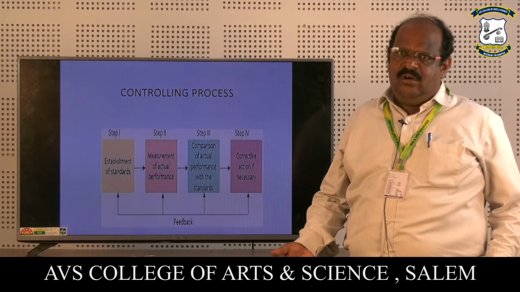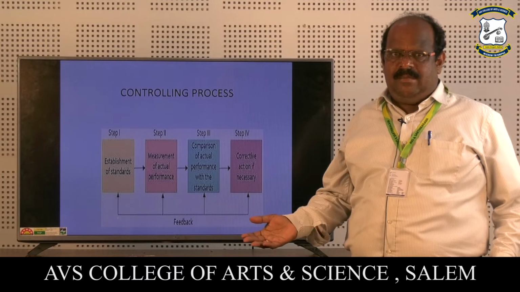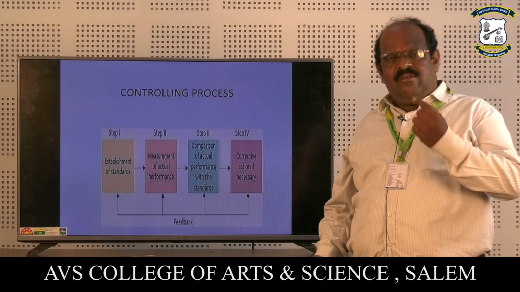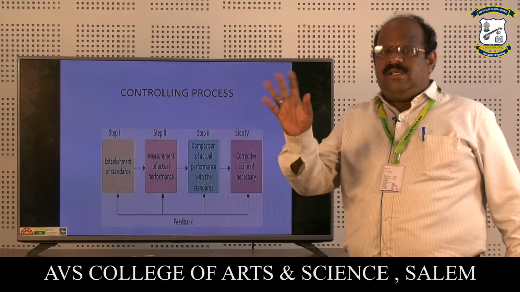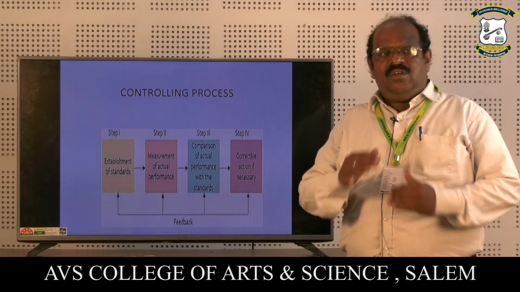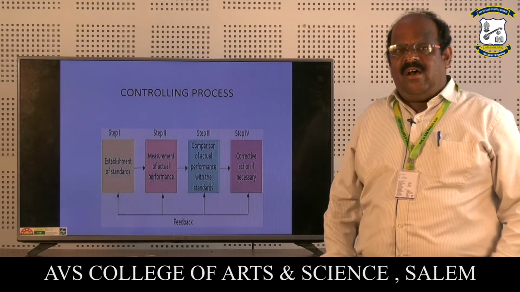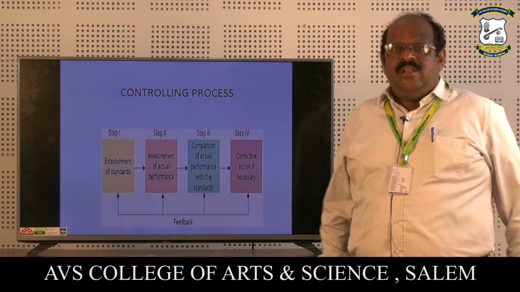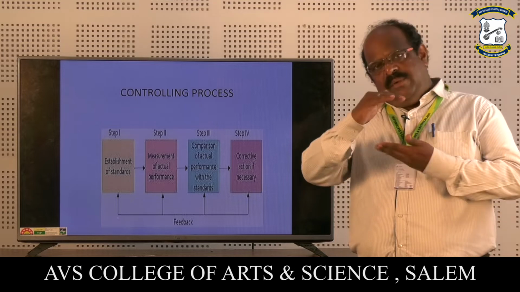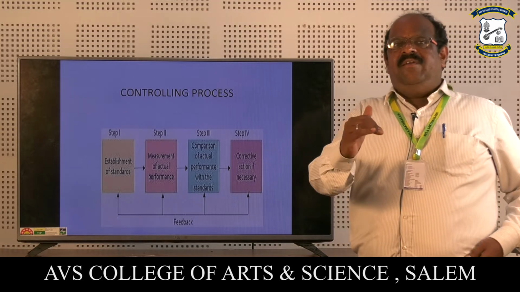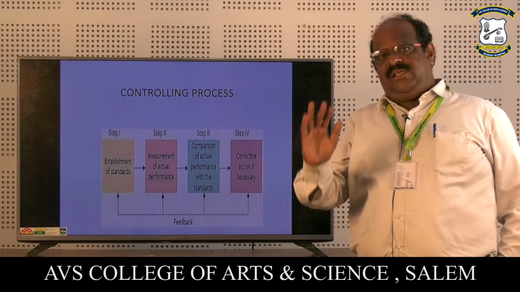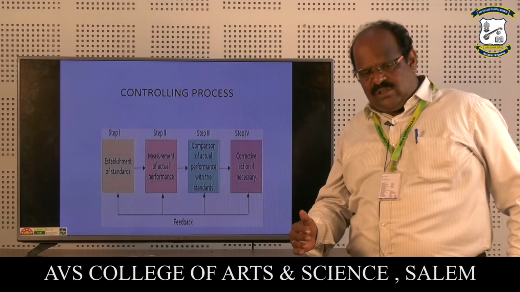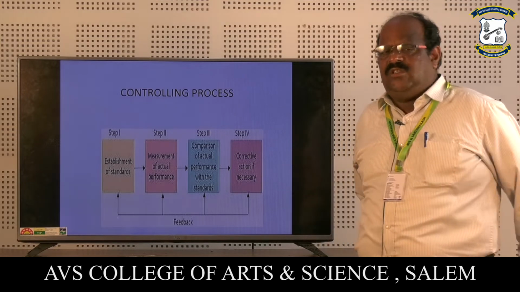There are various factors to be considered. Let me take only one, the pass percentage of the students. If I take this as a factor for controlling, how are we going to establish the standards? For that we have to maintain some standards. Okay, we will accept that 80% or 90% of the students have passed in this particular subject, then the teacher performance is good.